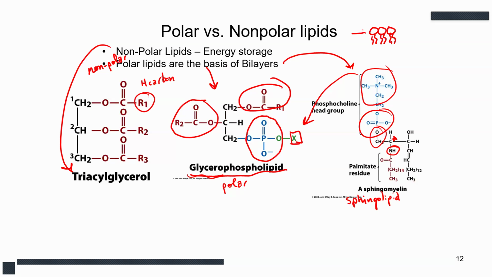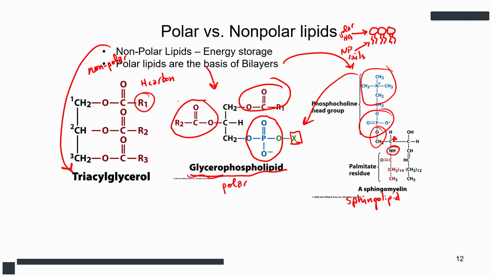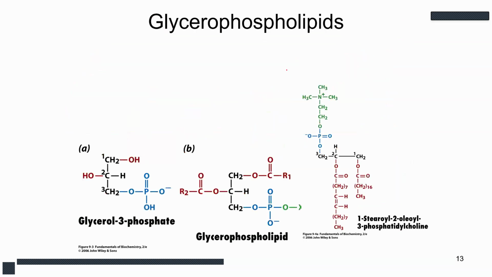The reason for that is because this is your polar head group, I label it HG, and then these are your nonpolar tails. So we got a polar head group and nonpolar tails. Now, there's only 2 of those tails, which we see with our glycerophospholipid here and here, respectively.